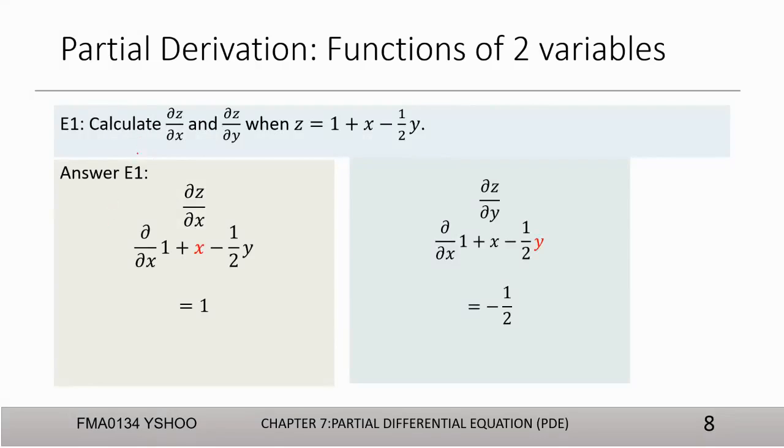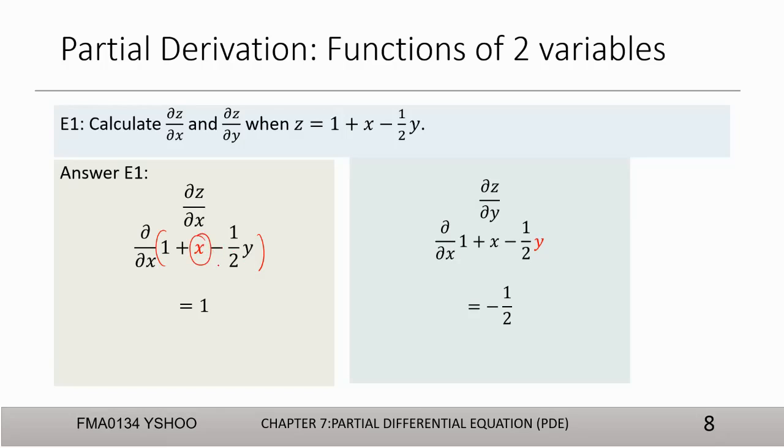Let us look at the first example of a function of two variables. We have z in terms of x and y. If you want to find del z over del x, over here this is our z, and we only have an x here.